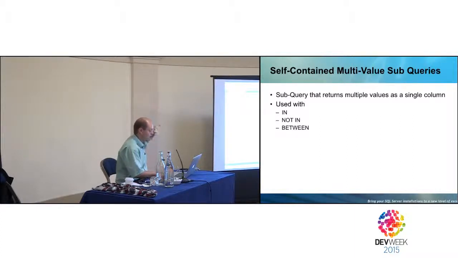Self-contained means we can execute that independently without executing the outer query. On the logical level, we have referenced our table sales order header multiple times. In reality, SQL Server just scans the clustered index once and just retrieves the first row from that clustered index with a backward scan.